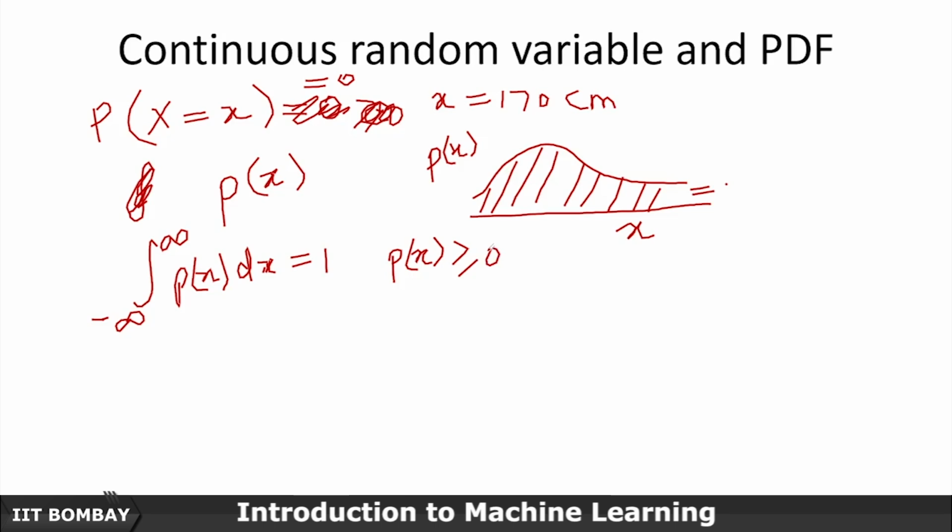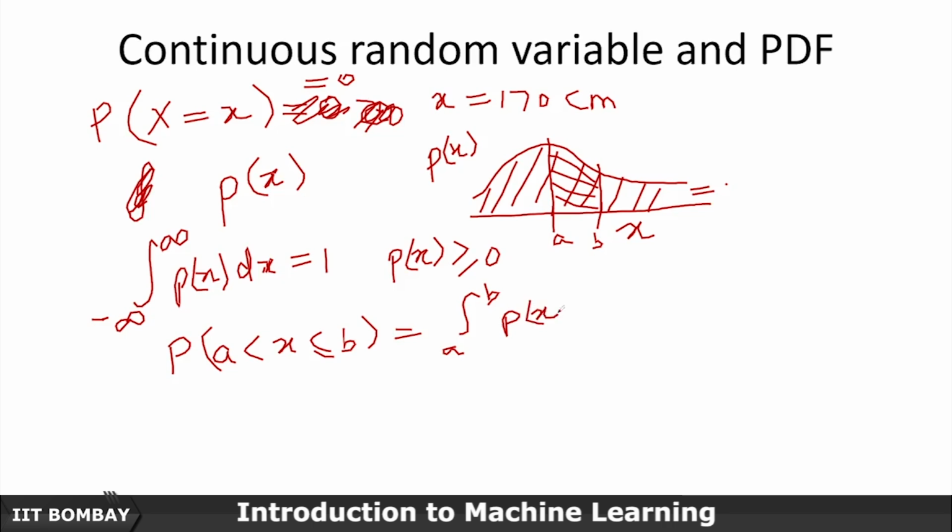Now what is the probability of x taking a value between some interval a and b? That is basically the area between these two limits a and b. So the probability that a is less than x less than or equal to b is equal to the integral from a to b of p of x dx.